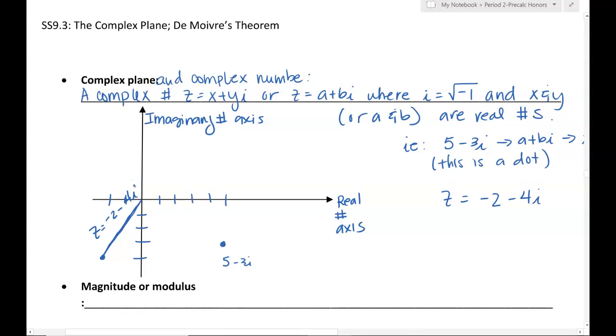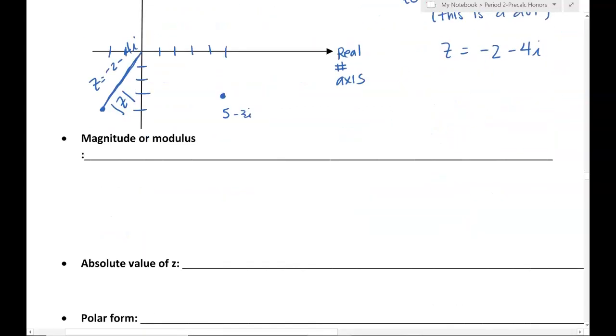Now, as you know already, back whenever you first started learning absolute value, an absolute value would denote the distance. So this right here, an absolute value of z, would denote the distance of that equation, okay? Magnitude or modulus. Let z equals x plus yi be a complex number.